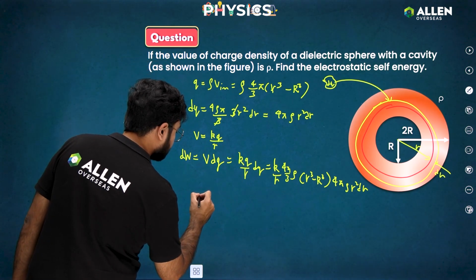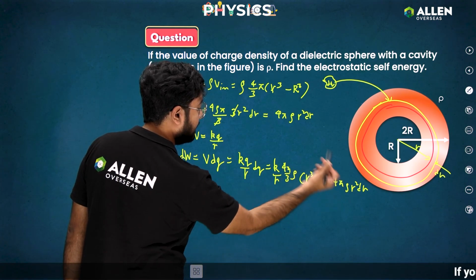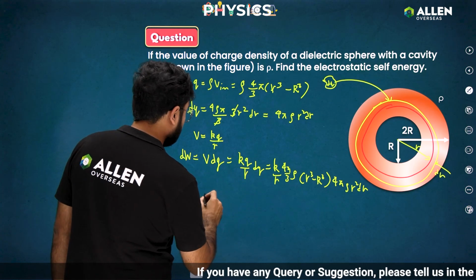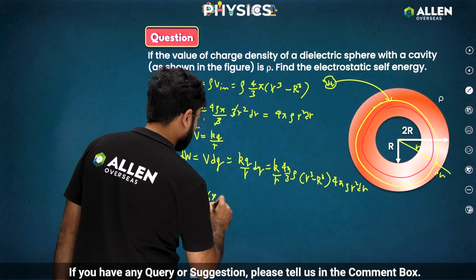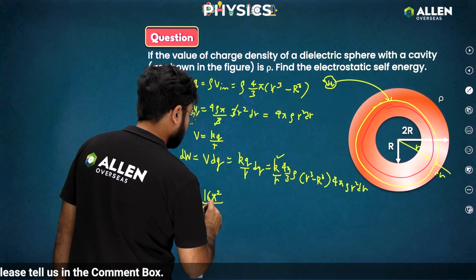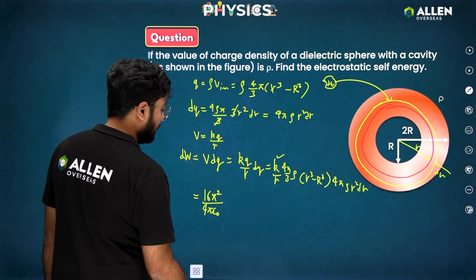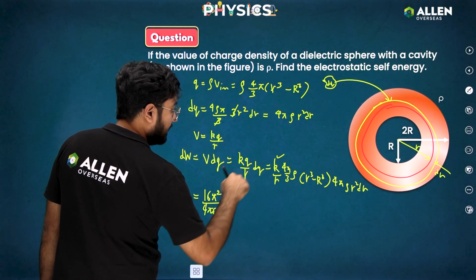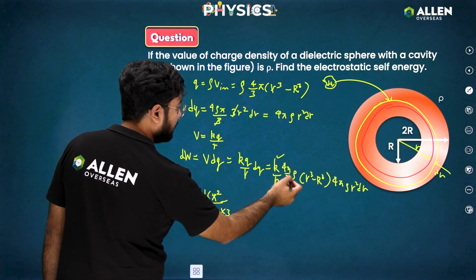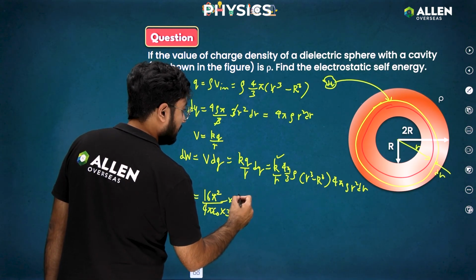Okay, from here what we have, 16 pi squared over, I am opening k, 4 pi epsilon naught, 1 by 4 pi epsilon naught by 3, this is gone, this is gone, this is gone, times rho squared.